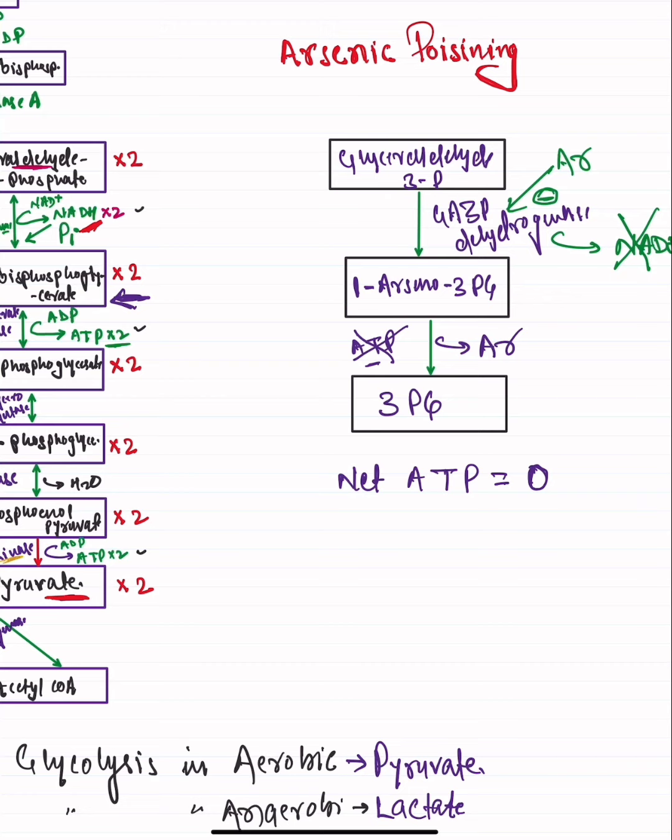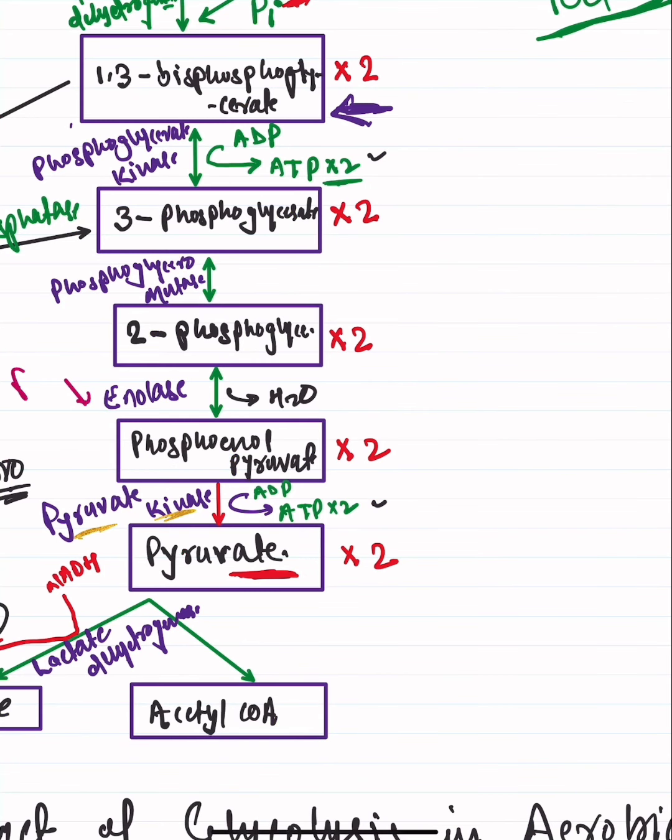One more thing I would like to discuss is that arsenic will inhibit glyceraldehyde 3 phosphate dehydrogenase. One more thing, that is iodoacetate. Iodoacetate will also inhibit glyceraldehyde 3 phosphate dehydrogenase. Fluoride will inhibit this enolase, and this fluoride is used when we have to estimate the amount of glucose in blood.